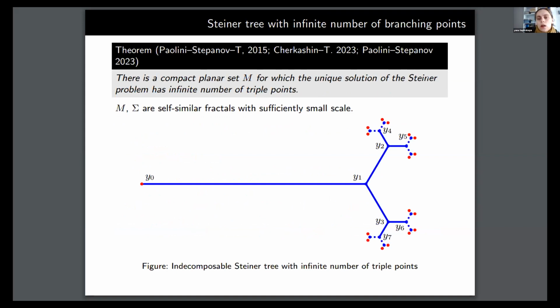As I have said, the number of branching points cannot be more than countable, and there also exists an example of a countable number. So in the picture, we can see the fractal set of vertices of a binary tree, such that its Steiner tree is unique and has a countable infinite number of branching points.